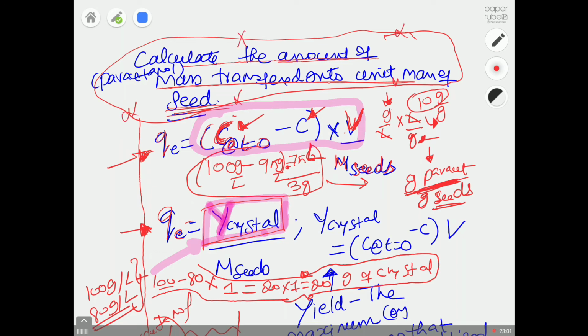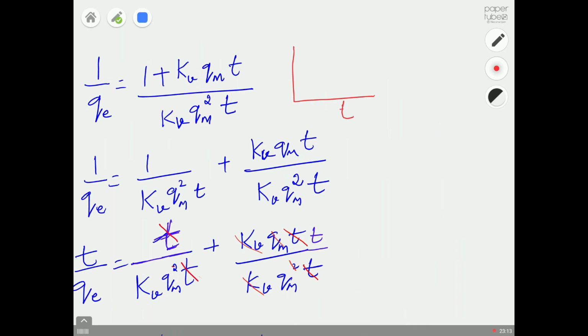And industries always look for models that allow them to model the entire kinetics. Say if you have data like this, time versus QE, if this is your experimentally obtained data, industry people like to use some equation that will allow us to predict this trend, how QE changes with time t.